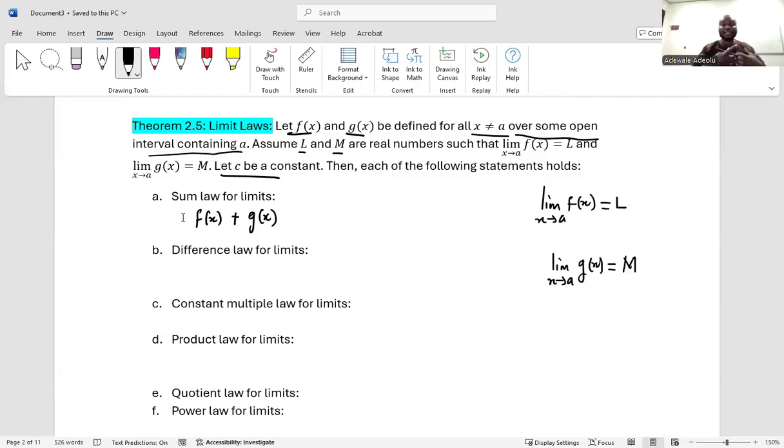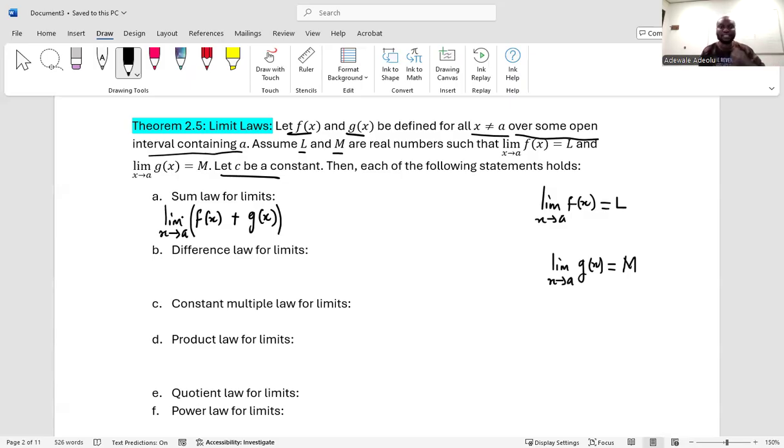In fact, I can add a polynomial to a rational function, a polynomial to a trigonometric function, and so on. So if we are adding two functions together and taking the limit as x goes to a, remember, both f and g are defined for all values of x not equal to a.